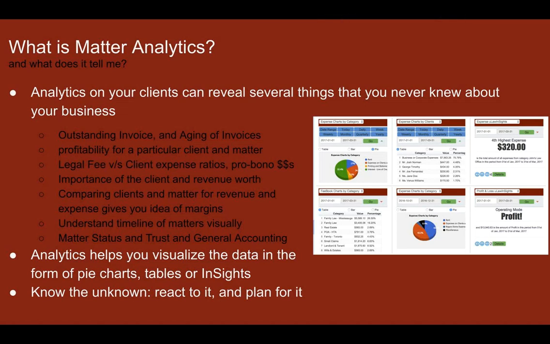So matter analytics, which is right there on the dashboard, or you can also go into the analytics and look into it respectively, where you can choose expenses by categories and matter book, fee book.